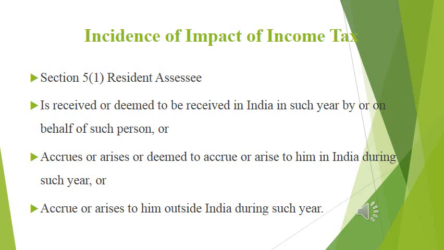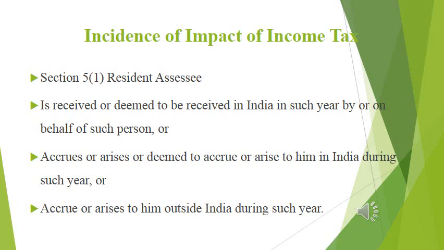We can see that when a person is resident, his income includes, whatever may be the source, first, income received or deemed to be received in India during such year by or on behalf of such person.